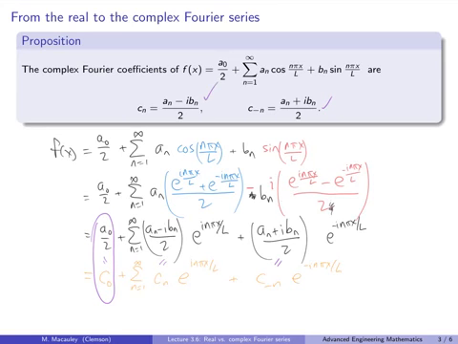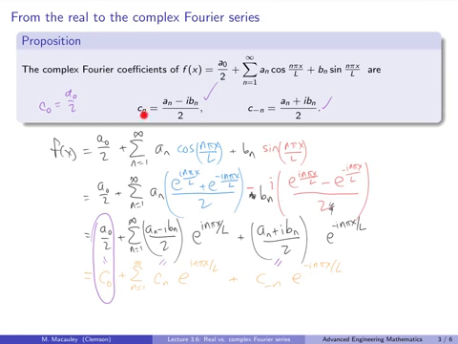I didn't actually tell you about this one, but I claim that, partially coincidence, partially mathematical, let's say C naught equals a naught over 2, but in fact, that's a special case of this formula right here, C_n.